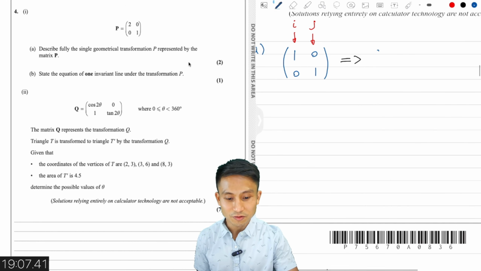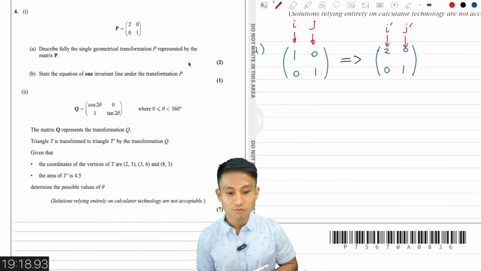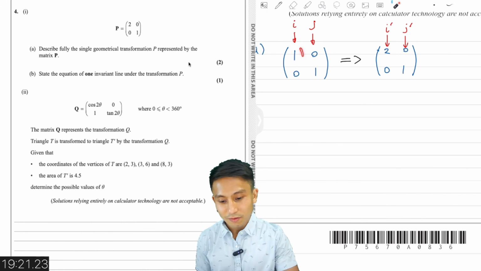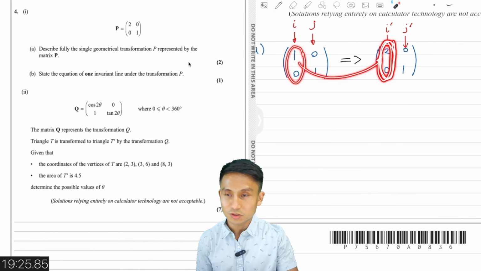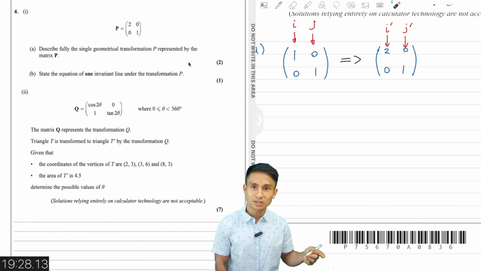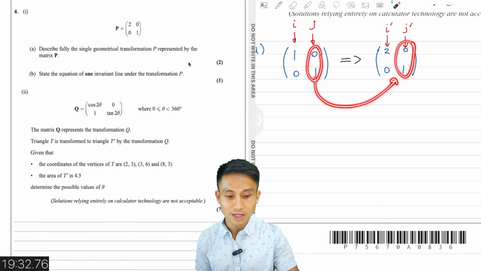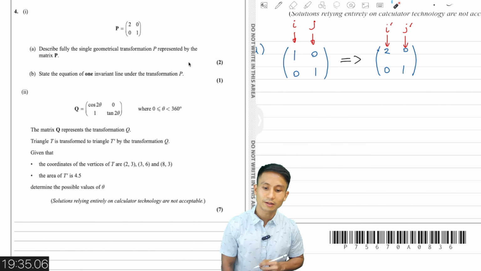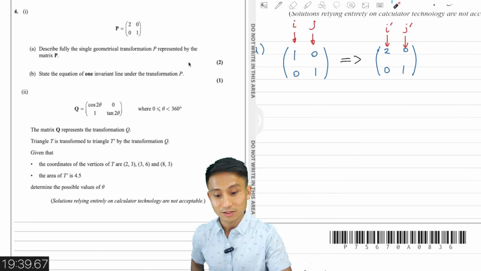Now if we have a transformation matrix that has 2 0 and 0 1 here, this will be the new i, let's call that i prime, and this is the new j, let's call that j prime. You see, the vector i goes from 1 0 to 2 0. Isn't that like a stretch by 2 times? While the vector j doesn't change a bit. So this is only stretching along the x-axis by a factor of 2.